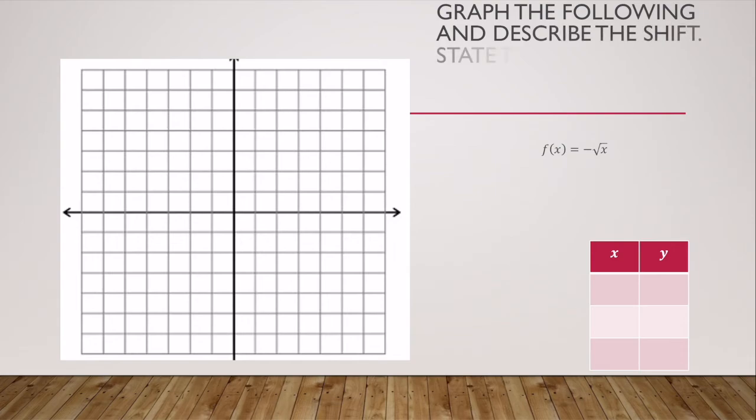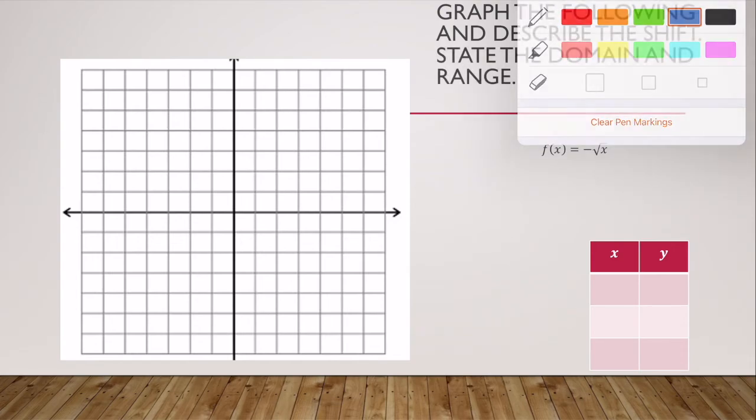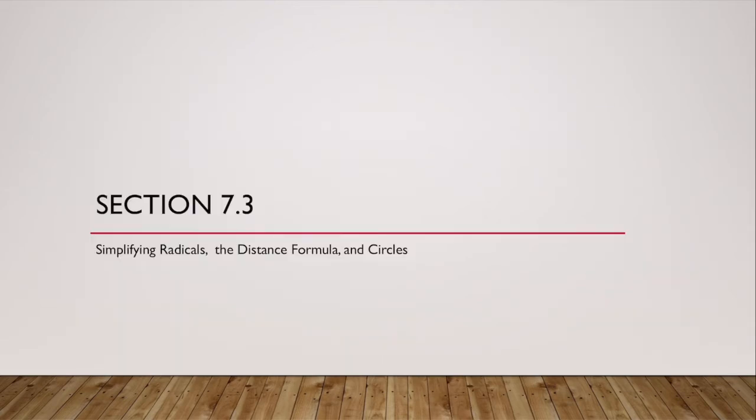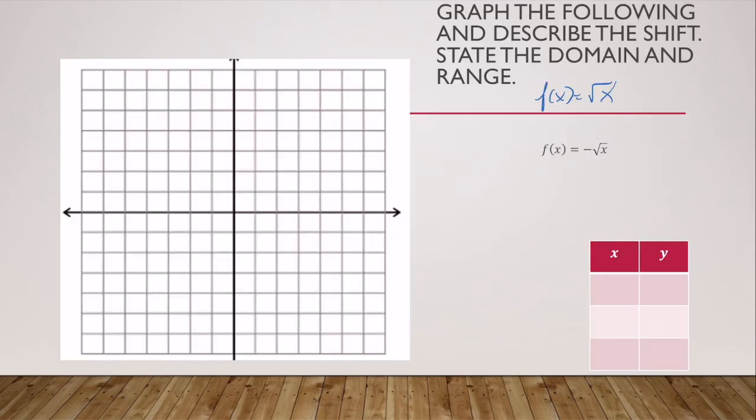Last thing I want us to take a look at is the function f of x equals negative square root of x. Why don't I go ahead and graph our normal square root function? This is our function that pairs everything with the principal, or the positive, square root. You graph this enough, you'll get pretty quick at it. But if I have f of x as negative square root of x, this is going to map everything to its negative square root.